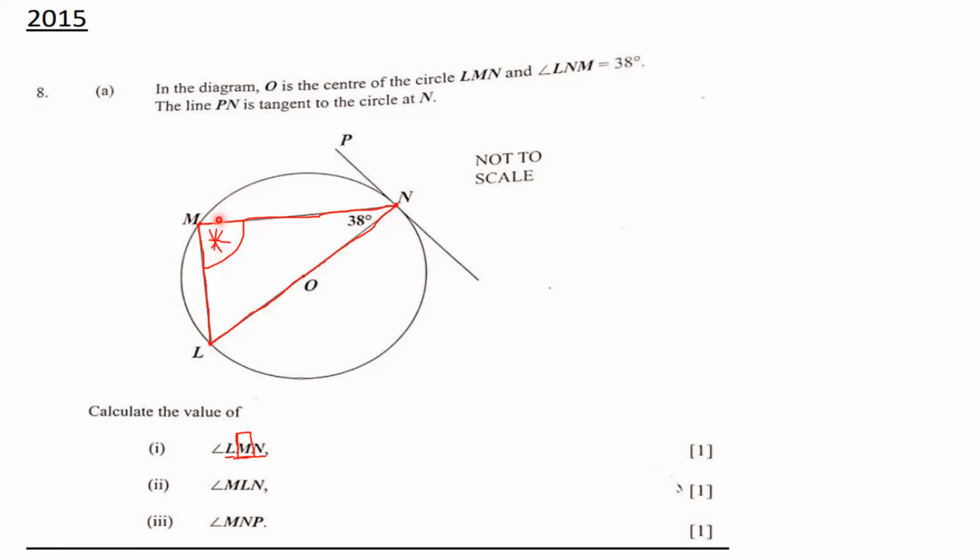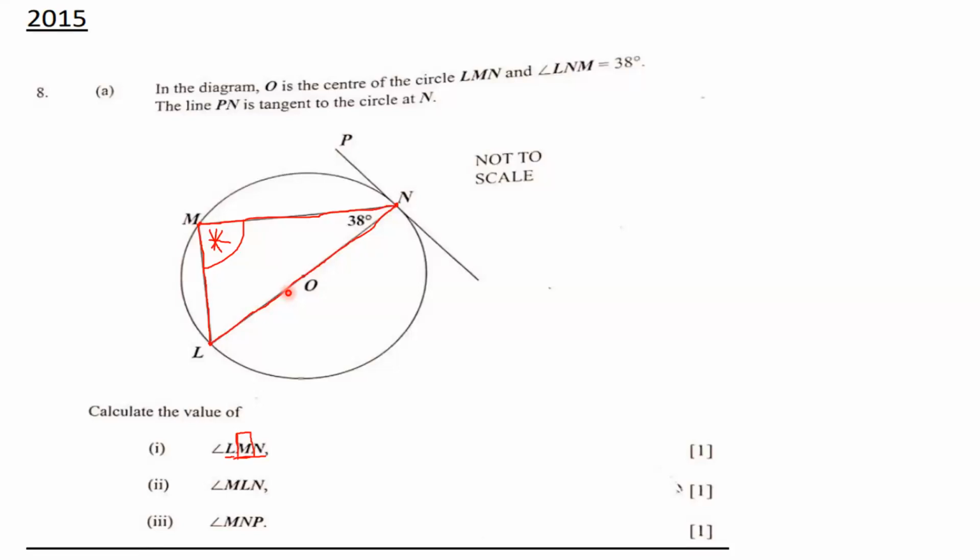This is the angle M that we're looking for. They call it LMN, and that's how you have to find it. You have to look for the one in the middle and see what shape it's connected to. This definitely looks like a triangle.